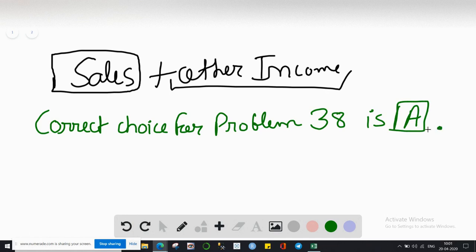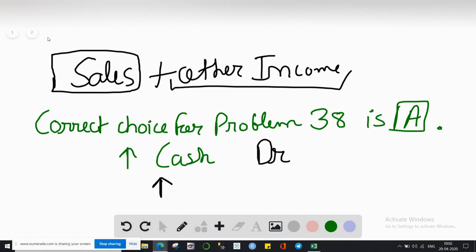Why is that so? Because the cash is coming to us. If cash is coming to us, then cash is increasing, so there will be a debit to the cash account. However, we are performing the services against the receipt of revenue, so there is also an increase in revenue. Got it?